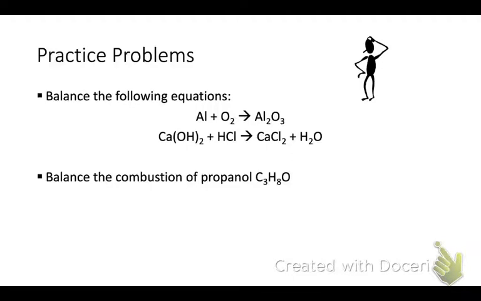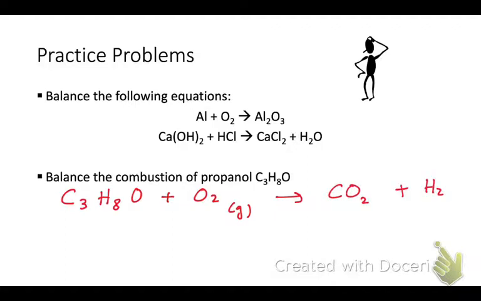So if I do combustion here, I will have C3H8O reacting with oxygen gas to give me, now carbon will be oxidized into carbon dioxide and hydrogen will be oxidized into water.